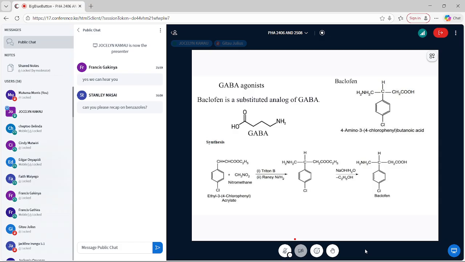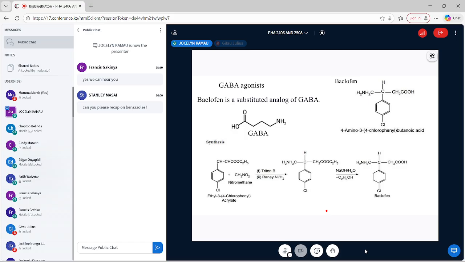Some of the alpha receptors will bring you muscle relaxation. The benzodiazepine has several activities.